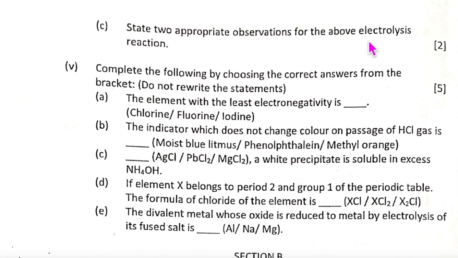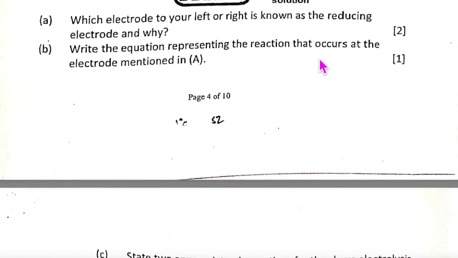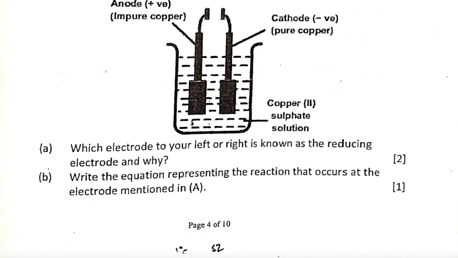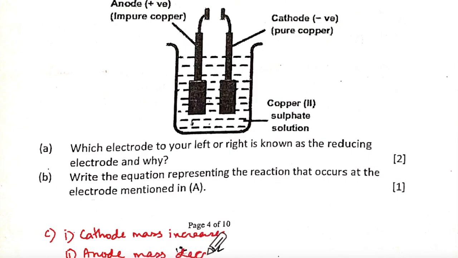Observation for the electrolysis reaction. How many observations will it have? The observations will be number 1, cathode mass increases, correct? Number 2, anode mass decreases. But the most appropriate will be that the blue color does not fade, right?